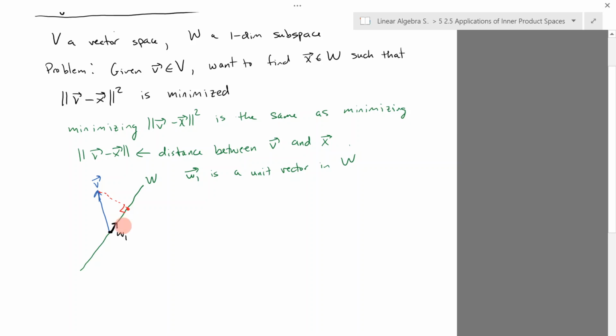And we've actually already seen what this thing actually is geometrically. It's just the vector projection, right? So this, like the x that I want, is just the projection of V onto W1. But how do we calculate the vector projection? It's calculated exactly like this.